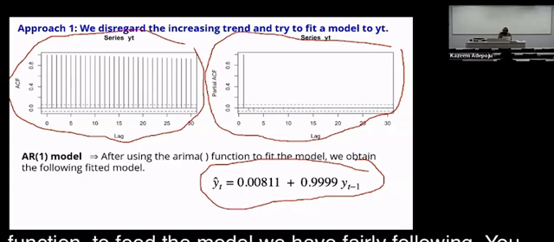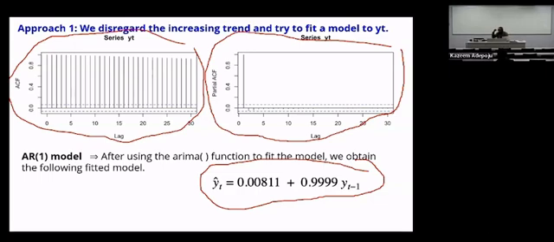Of course, I walked you through how you can derive this. What gave you a clue to fit an AR(1) is the fact that you see that the PACF cuts off after lag 1. Does that make sense?